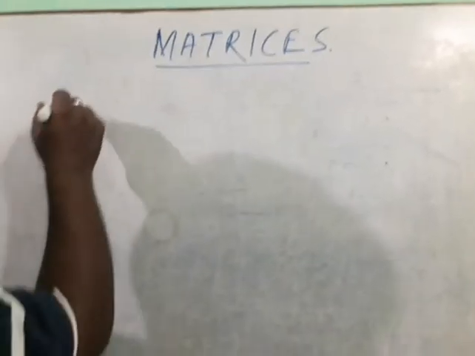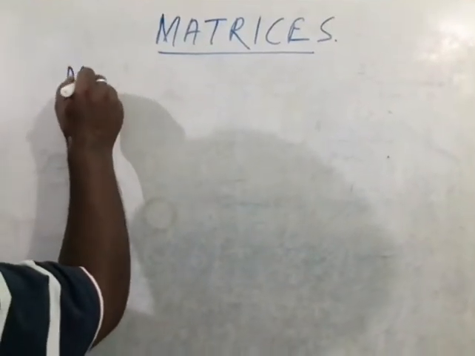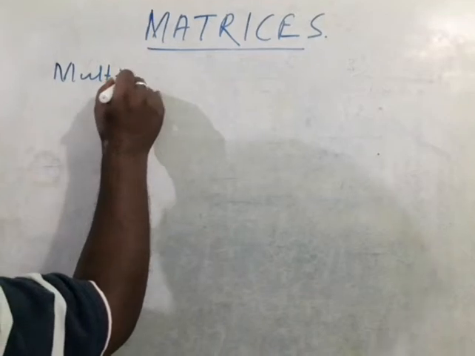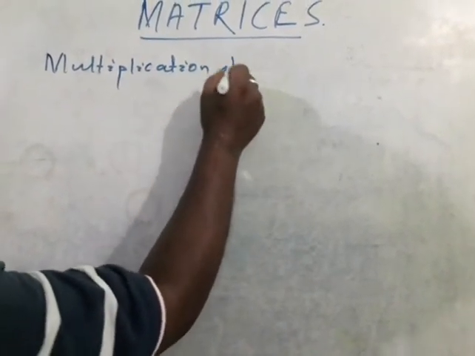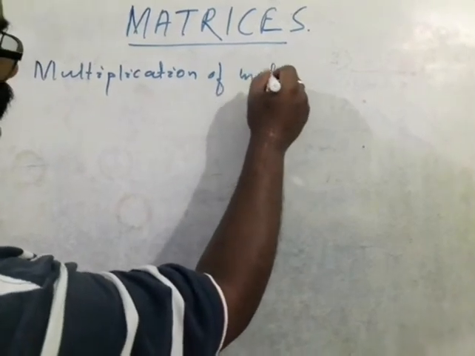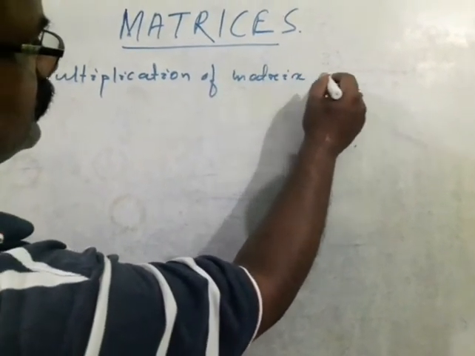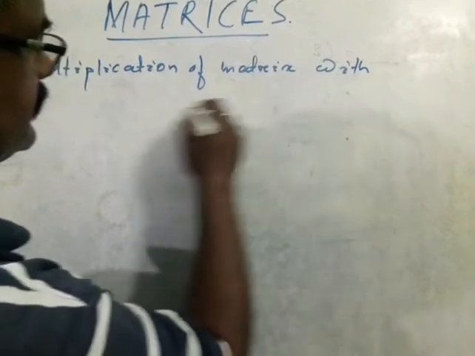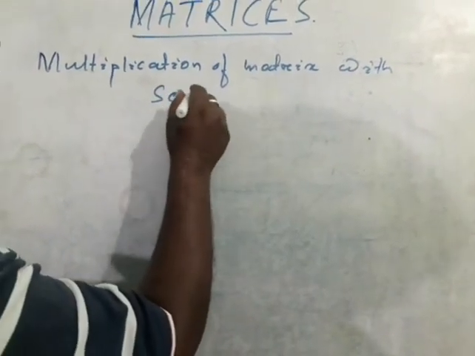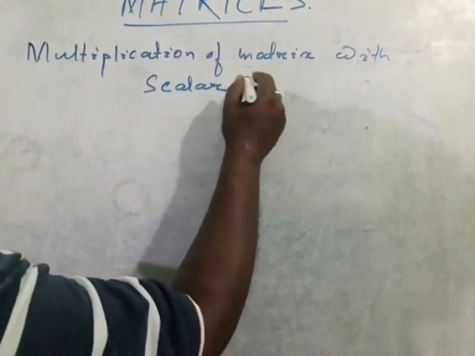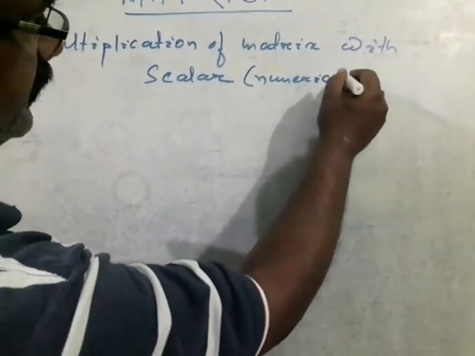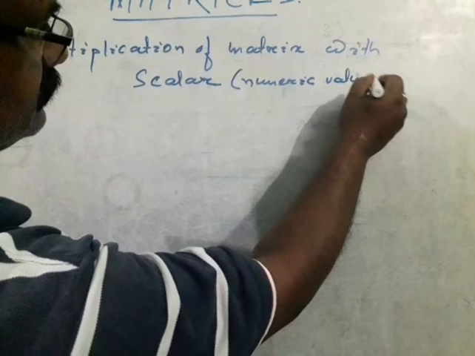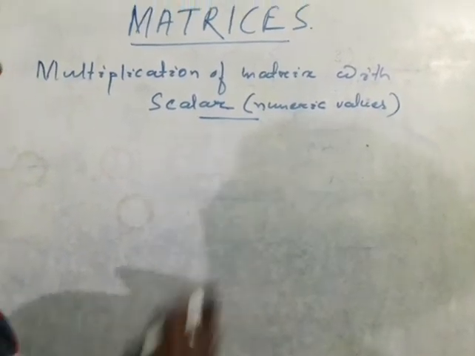Next property: multiplication of a matrix with scalar quantities. Scalar quantities means numeric values or numbers.